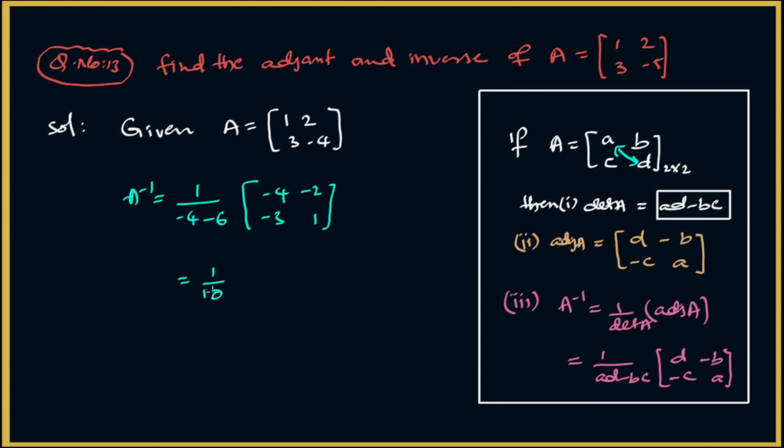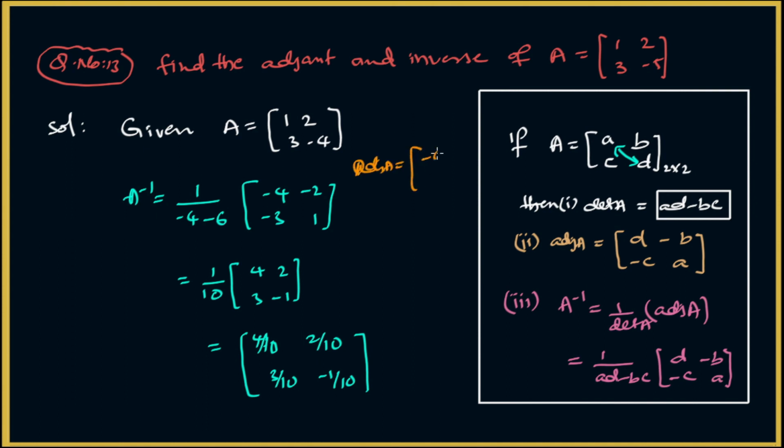If you divide by minus 10, this becomes 4, 2, 3, minus 1, or we can write 4 by 10, 2 by 10, 3 by 10 and minus 1 by 10. This is our A inverse. What about the adjoint? The adjoint is simply 4, 1, minus 2, minus 3. Okay, got it?